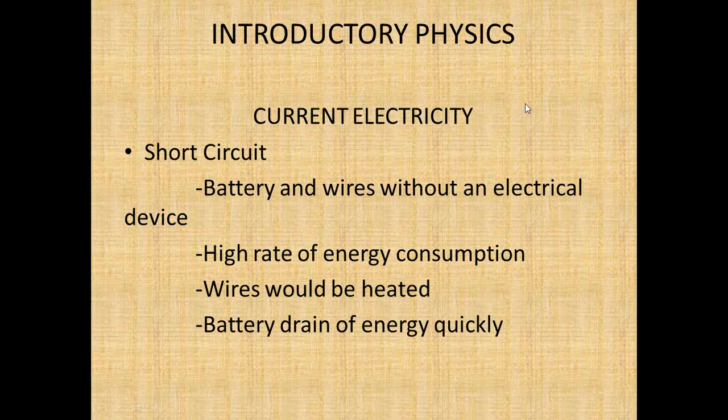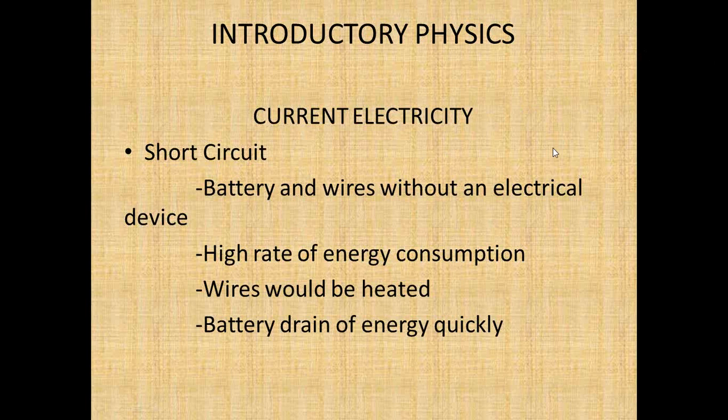If you have an assembly where you have the battery and just the wires without any electrical device, then that's what we call a short circuit. You need some load for the electrical energy to be transformed into, say, light energy or mechanical energy.